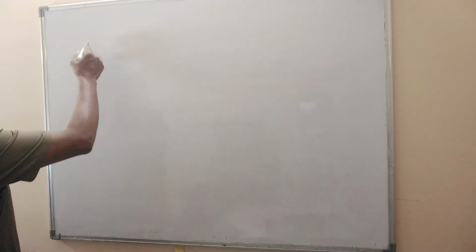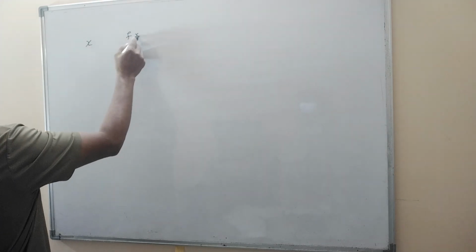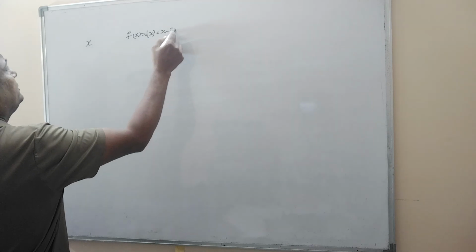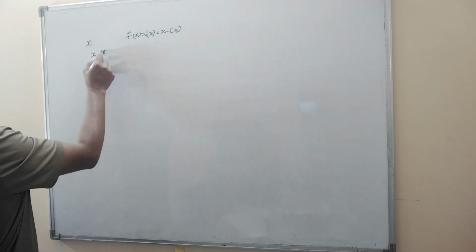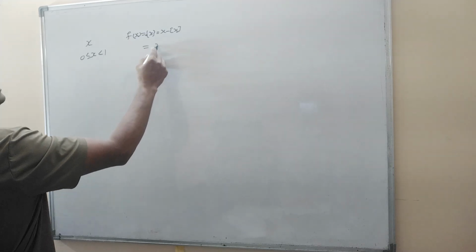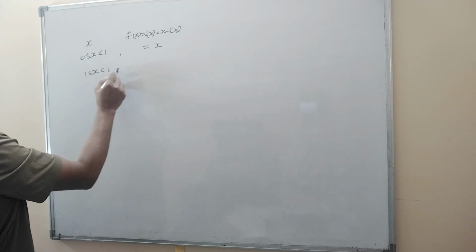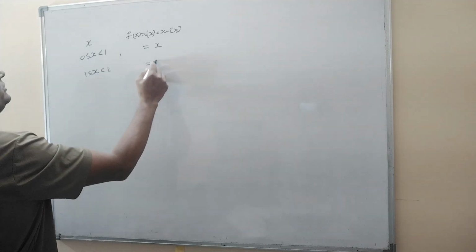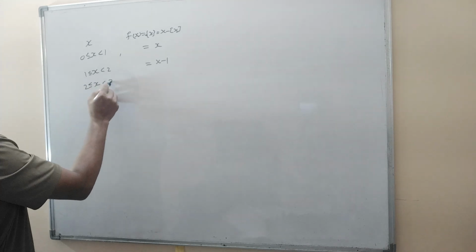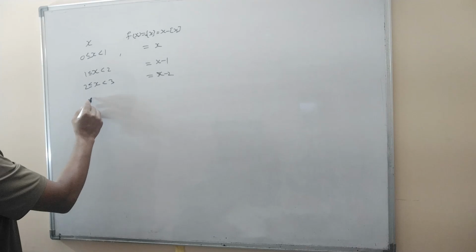So here I am taking x, and here I am discussing the fractional function x, which is x minus the greatest integer x. If we take 0 to 1, the graph of the fractional function x will be x. If you take 1 to 2, then this graph will give you the value x minus 1. Similarly, if you take 2 to 3, this graph will give you the value x minus 2.